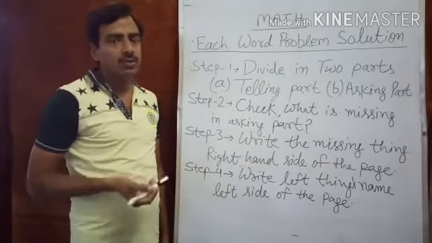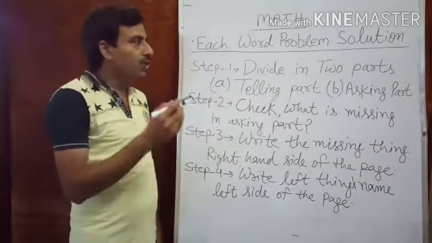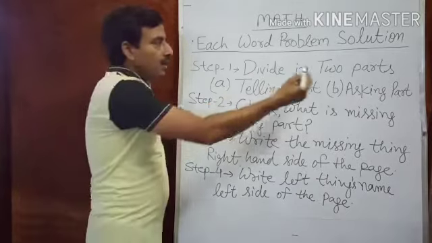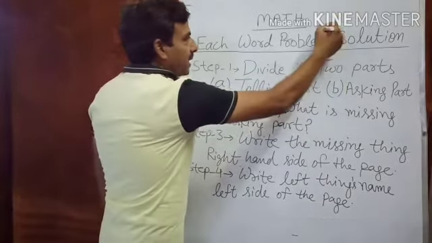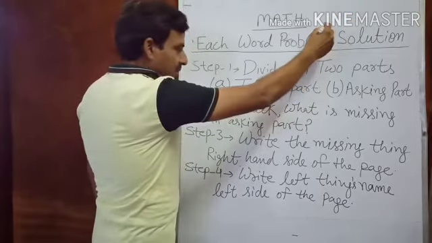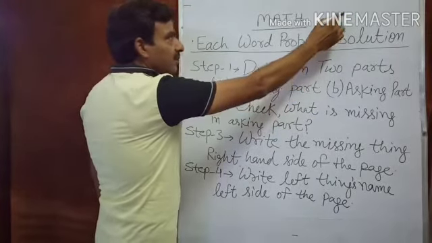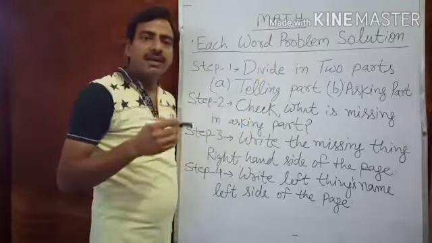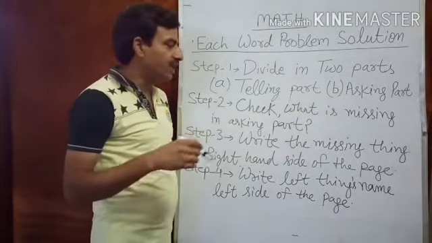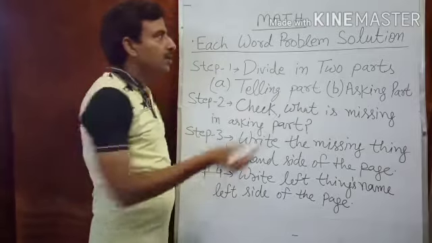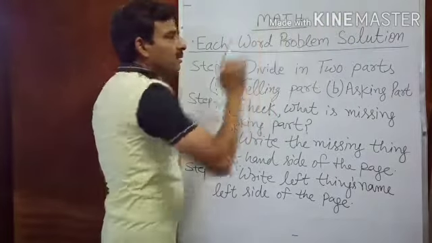Then start the solution of the question. You write on the right side of the page what? The missing thing. Missing thing means in the question's asking part, which thing is not given. You will write it over here.